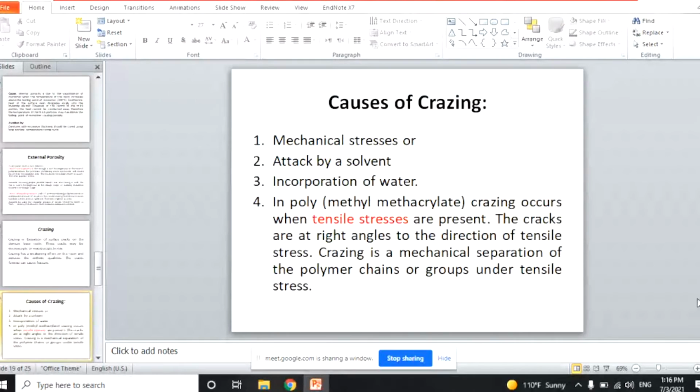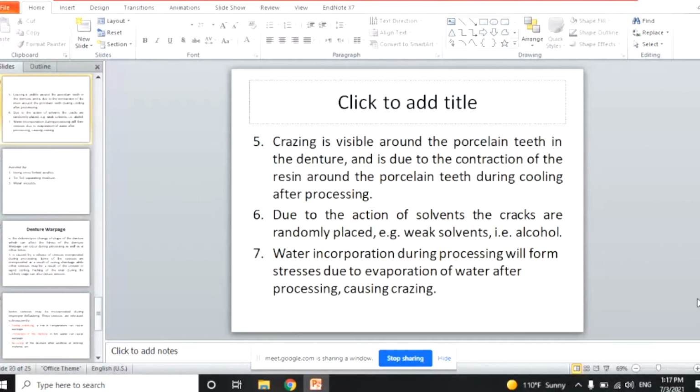Regarding the last one, when the stress is in a huge amount between the tooth surface and the denture base, crazing is usually around the porcelain teeth and the denture. Why? Because the concentration of stress between these two materials is different.